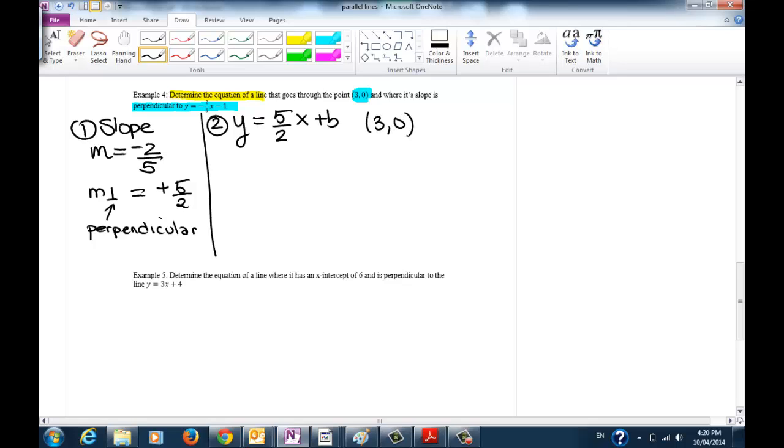Now I'm going to use the point that they gave me, (3, 0). Wherever I see an x, I'm going to substitute in 3. Wherever I see a y, I'm going to substitute in 0. So I get 0 equals 5/2 multiplied, actually I like the brackets better, (3) plus b. Now remember, any number can be written over 1, so I'm going to do that because I'm going to multiply fractions, just so I don't confuse myself. 5 multiplied by 3 is 15. 2 multiplied by 1 is 2.